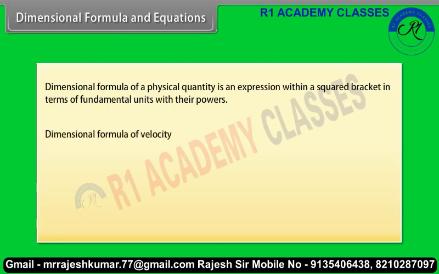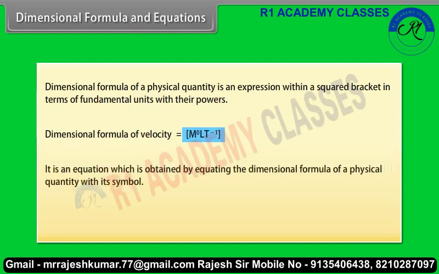Dimensional formula of velocity is [M^0 L T^-1]. Dimensional equation is an equation obtained by equating the dimensional formula of a physical quantity with its symbol. Let us take an example. Dimensional equation of velocity is v = [M^0 L T^-1].